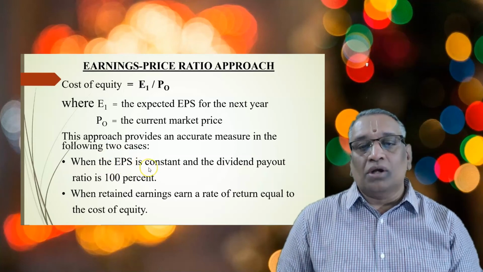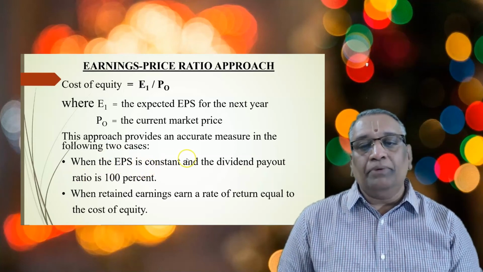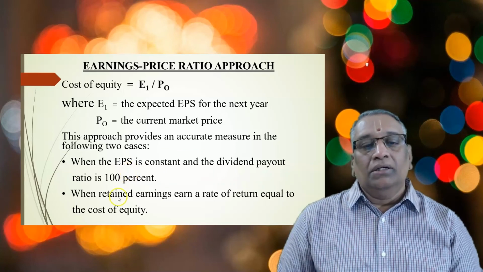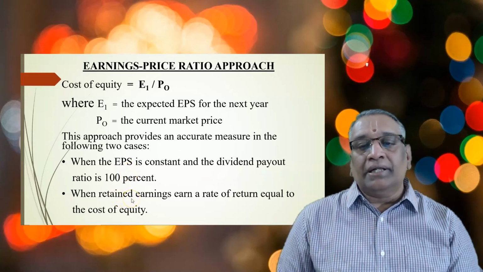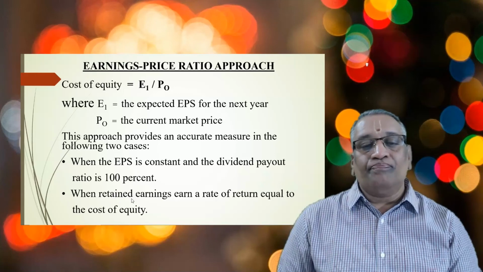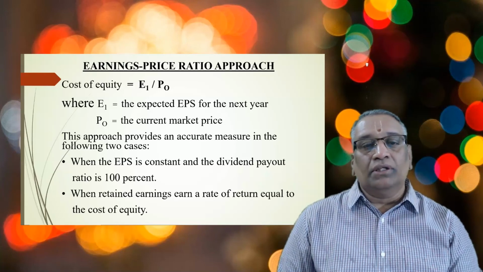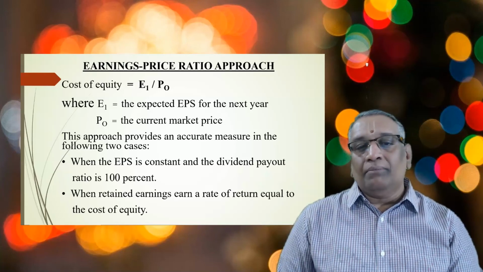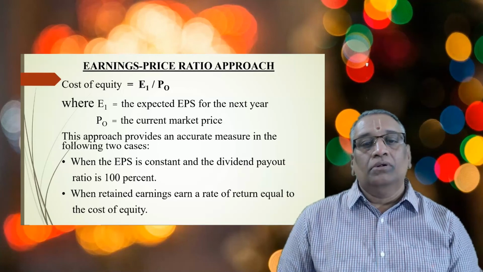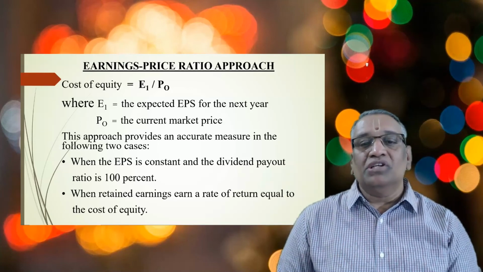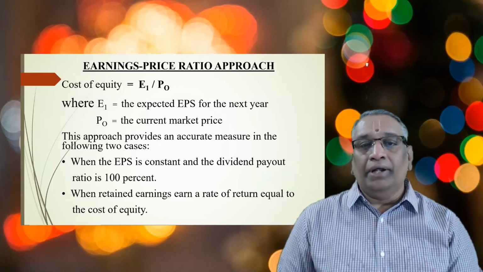When the EPS is constant and the dividend payout ratio is 100%. And when retained earnings earn a rate of return equal to the cost of equity. So these are the two requirements if the result arrived using this equation is to be accurate and appropriate.